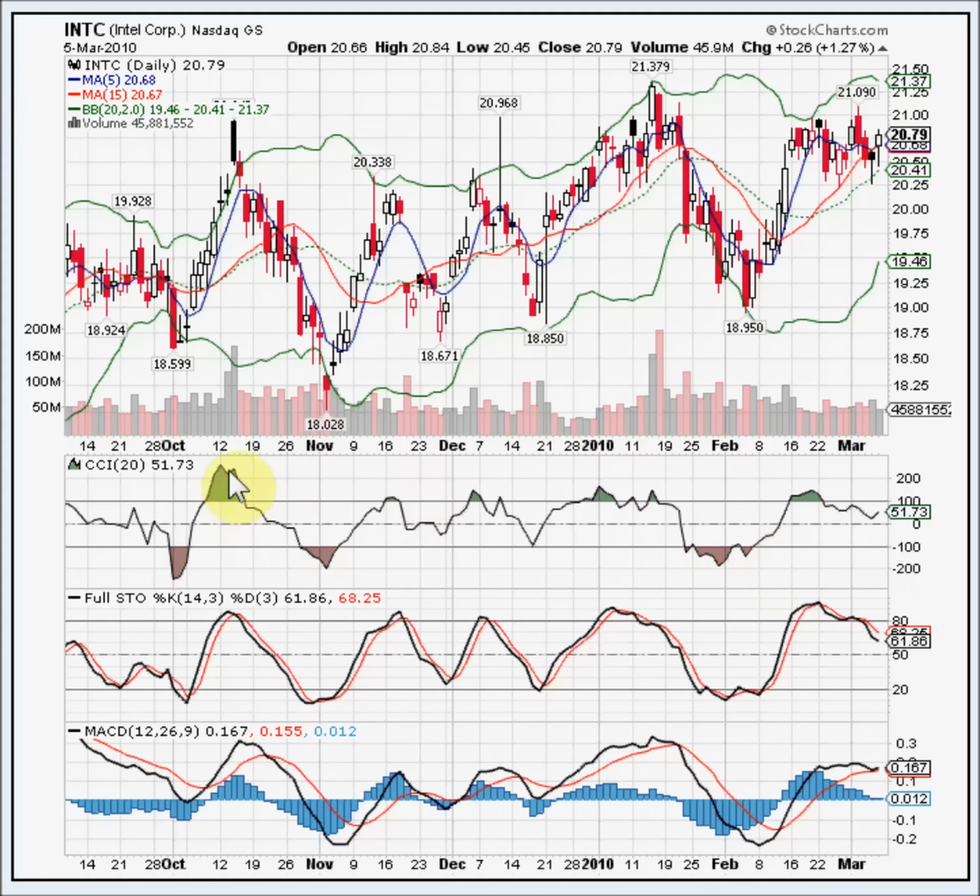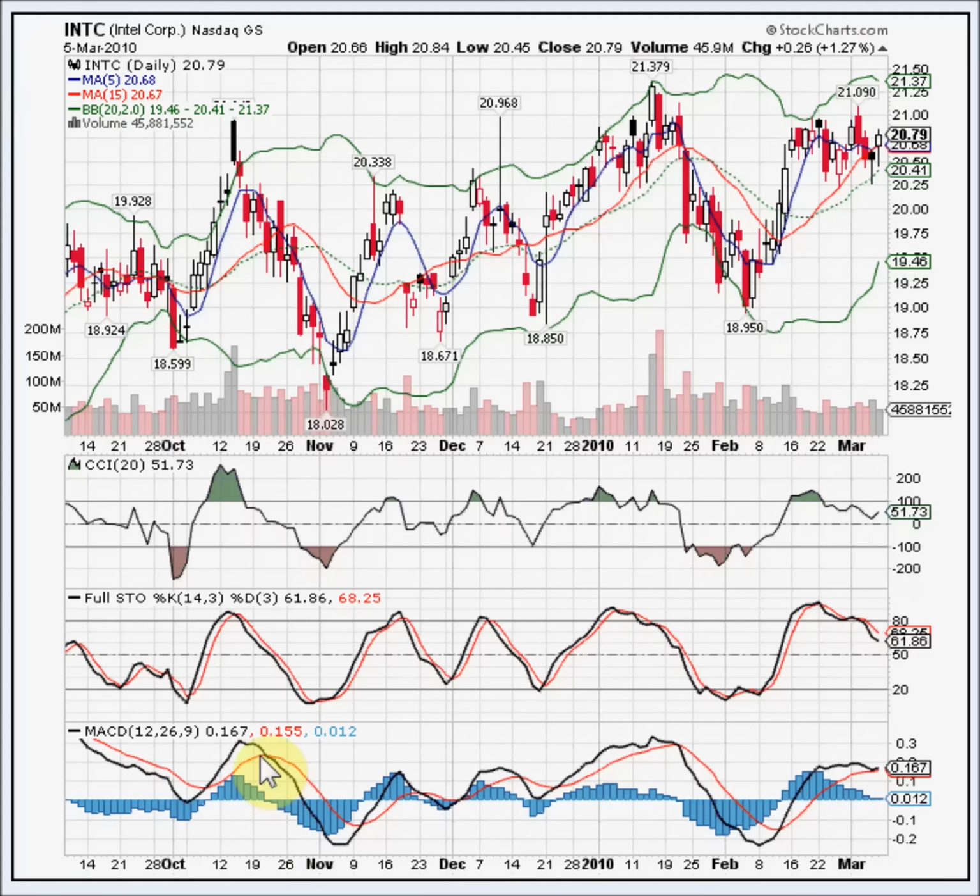A CCI sell signal is when it crosses down through the plus 100 line. At the same time, stochastics should be overbought above the 80 line, and the fast line will be crossing down through the slow line, and the histogram is down ticking and crosses from positive territory into negative territory with the fast line crossing down through the slow line.